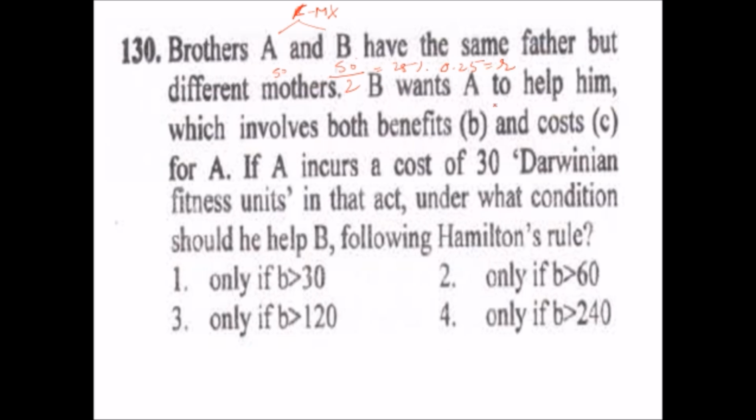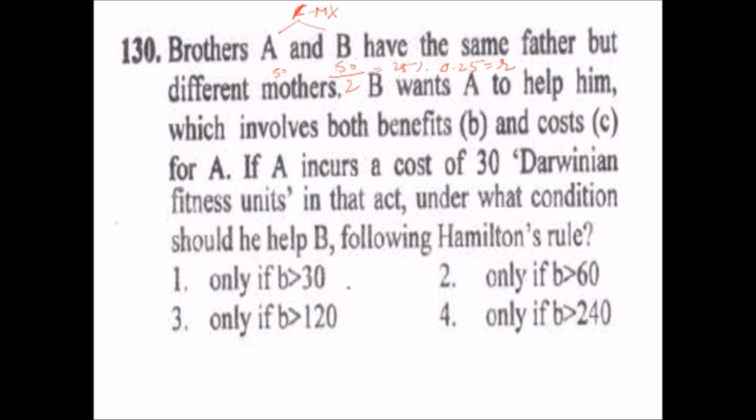They have the same father but different mothers. B wants A to help him, which involves both benefits and cost for A. If A incurs a cost of 30 Darwin fitness units in that act, under what conditions should he help B following Hamilton's rule?